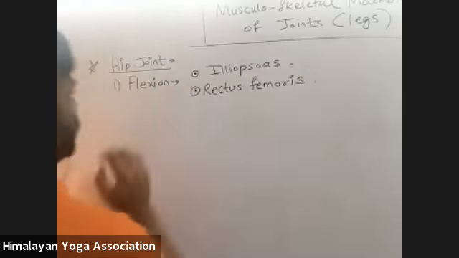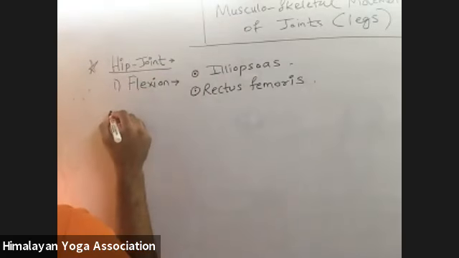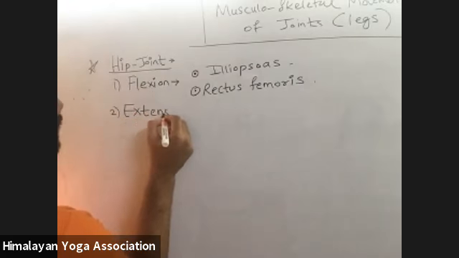So these two are for the flexion movement of the hip joint. Now, the hip joint also has extension movement.